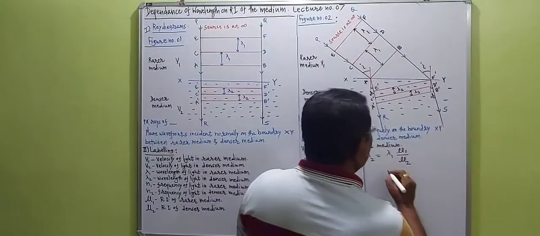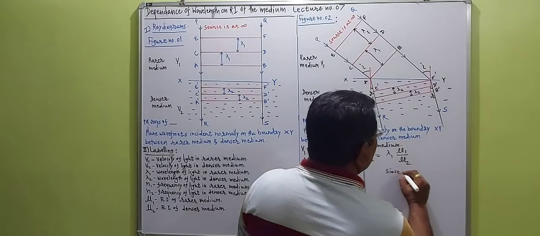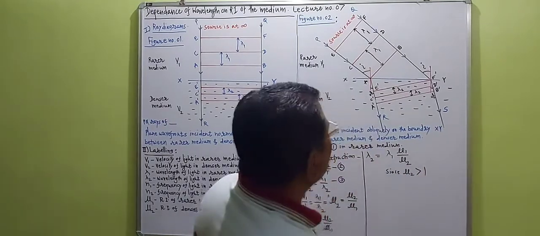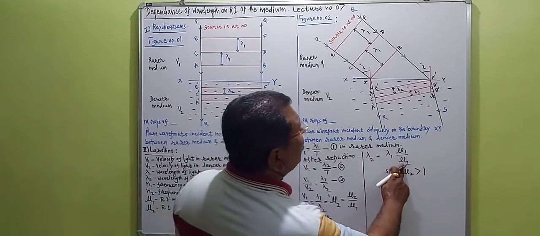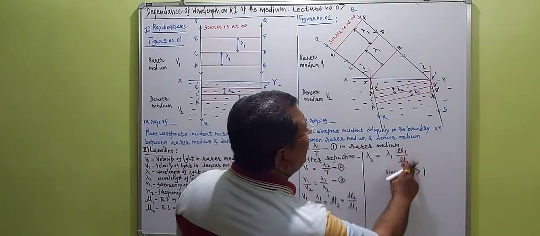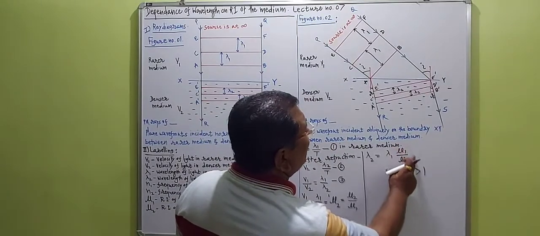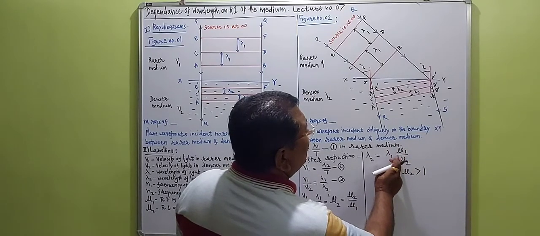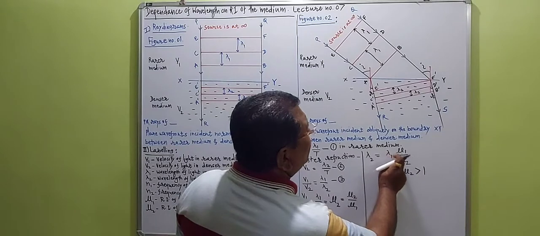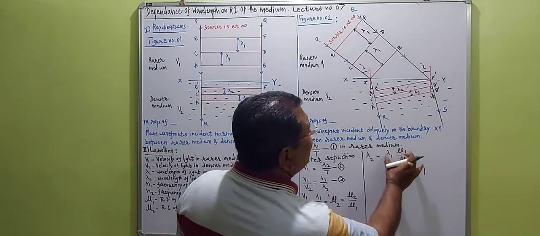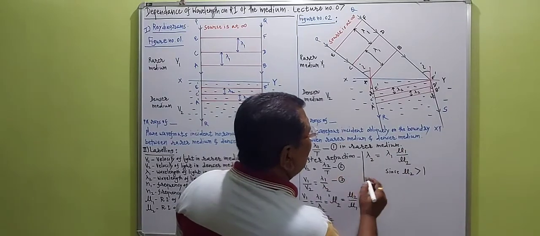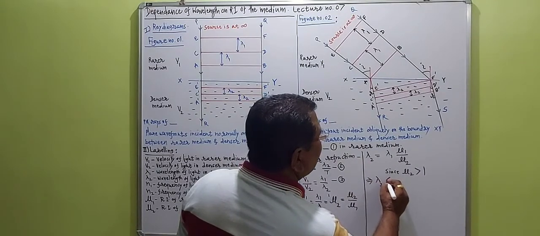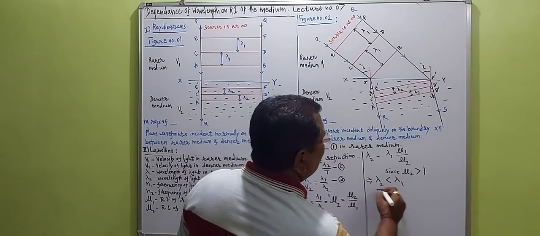Since mu 2 is greater than 1, this ratio is less than 1. So lambda 1 into a factor less than 1 comes lesser, and from this we can write lambda 2 is less than lambda 1.